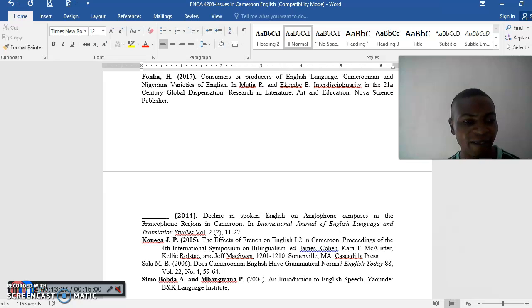Then we have Quega, the effect of French on English L2 in Cameroon. We talked about the influence of French on the English of Francophones, and of course, also on the English of Anglophones. We'll look at all that, and then we'll see how we can move ahead. Then we have Sala, does Cameroonian English have grammatical norms?